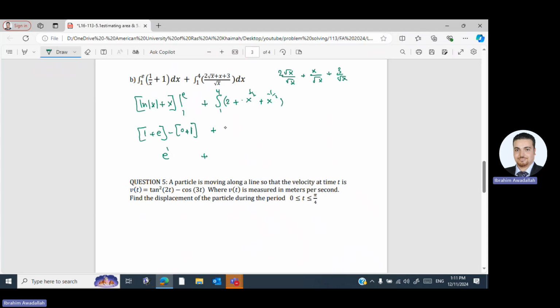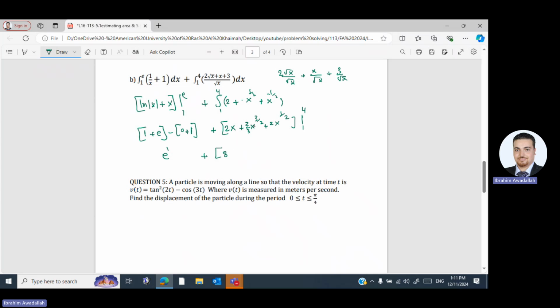For this one, the integration: 2x plus x to the power 3 over 2, 2 over 3. This will be x to the power minus half plus 1, which is half, and 2 over 1, from 1 to 4. Substitute 4 here, it's 8.